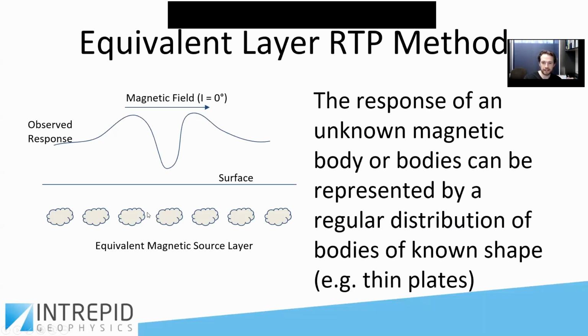We create a grid of magnetic strengths or weights underneath our observed grid, and we use forward modeling to recreate the observed signal, adjusting the weights of the magnetic sources in order to best fit the observed response. Then, when we get this model, we can recalculate the magnetic field at any inclination that we desire.